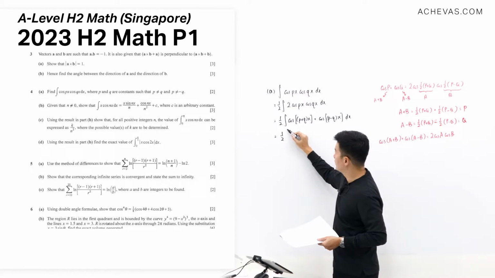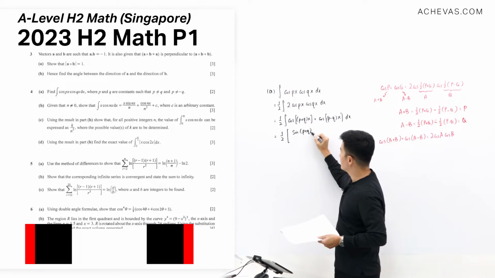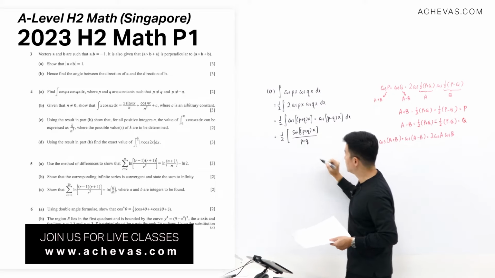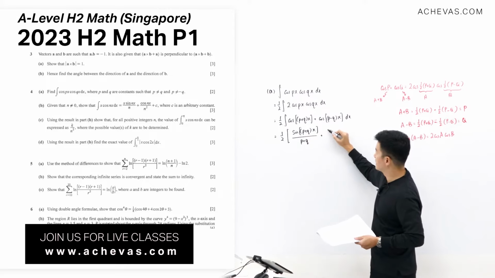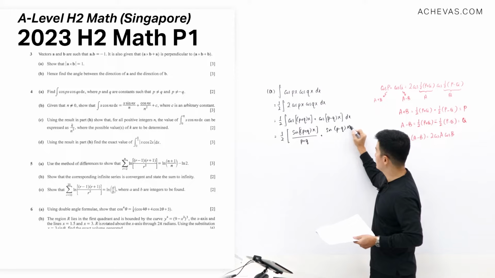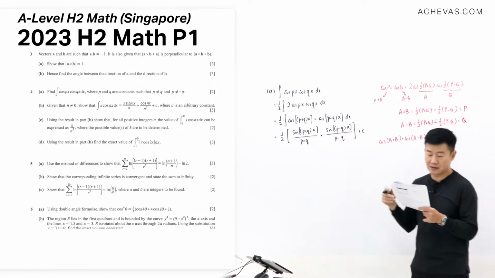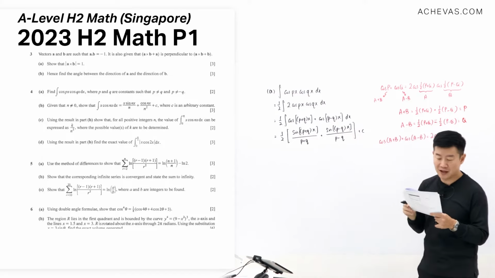If I were to be integrating, this will be sine p plus q, this is the angle, and I'll divide by the coefficient of x, since this is just a linear expression. Then plus sine p minus q, and I will divide it by the coefficient of x, which is p minus q. So now, this is going to be the integrated form for part A.